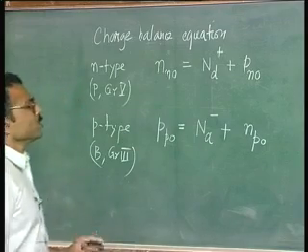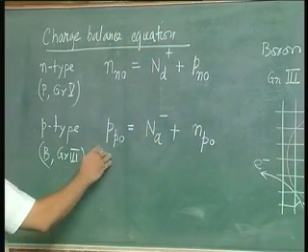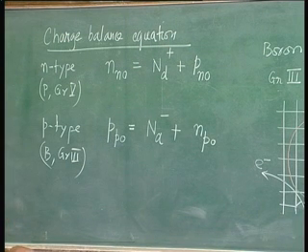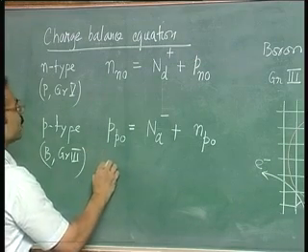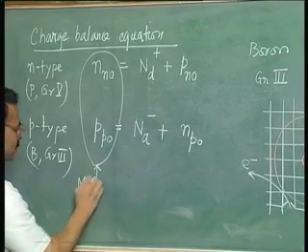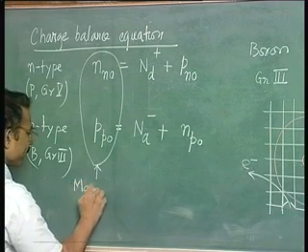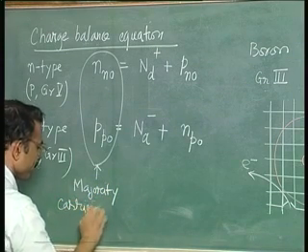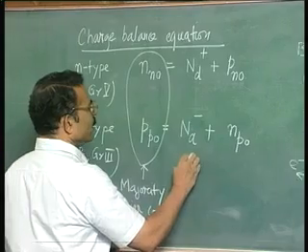Okay. So there are several ways of interpreting this charge balance equation. So one is in terms of balance between positive and negative charges. Other way is in terms of the processes used for generating these charges. So left hand side is majority carrier concentration. On the right hand side, this represents impurity ionization.